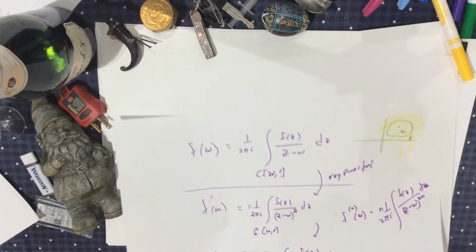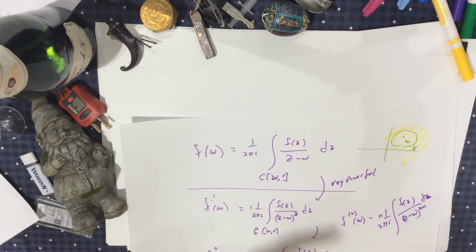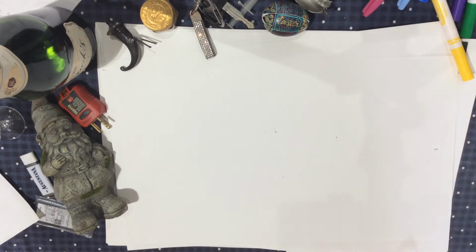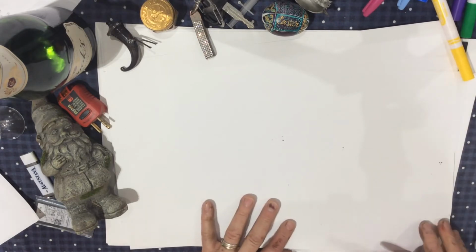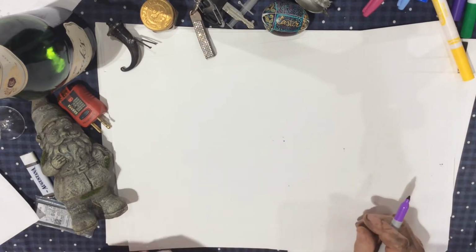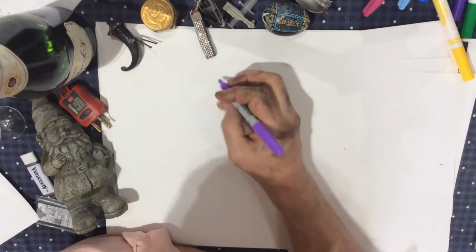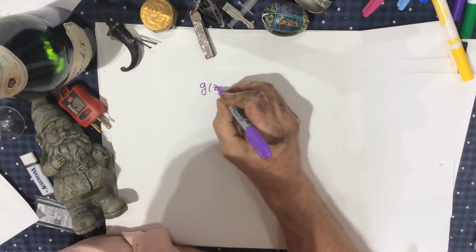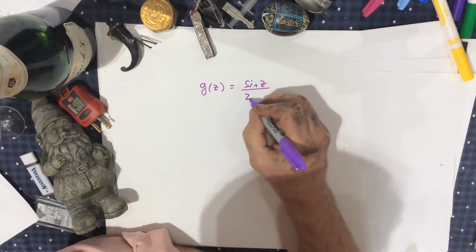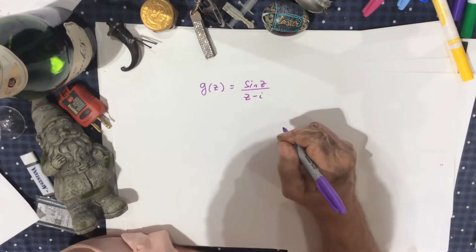Now, let's do an example of how this could come into play. I'm going to combine a couple of our techniques that we just did, not trying to make this hard, but to demonstrate how each portion of what we've been learning is so powerful. So I'm going to start with the function g of z equals sine of z over z minus i.